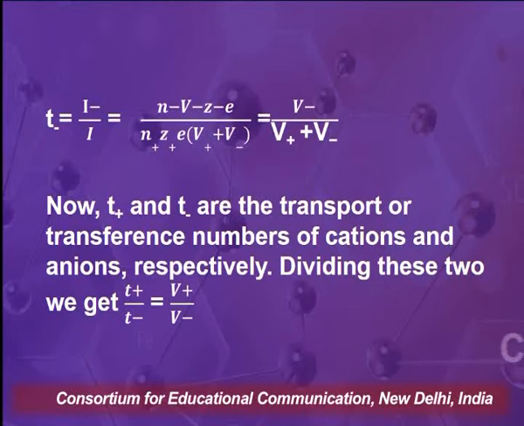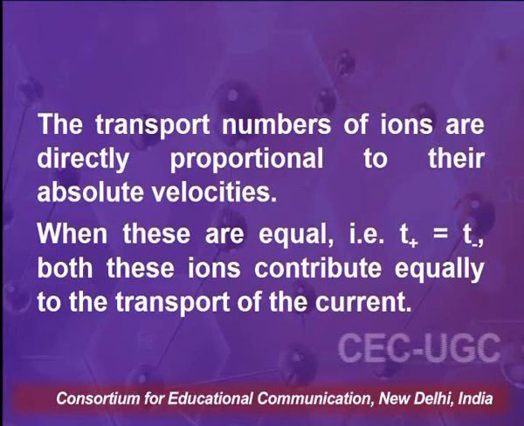Dividing these two, we get T plus by T minus is equal to V plus by V minus, or simply the transport number is proportional to the velocity of the ion. The transport numbers of ions are directly proportional to their absolute velocities.